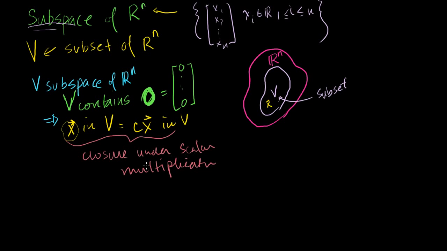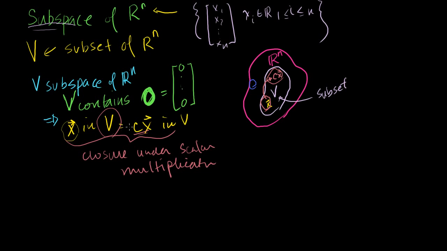That's just a fancy way of saying, look, if I take some member of my set and I multiply it by some scalar, I'm still going to be in my set. If I multiply it by some scalar and I end up with some other vector that's not included in my subset, then this wouldn't be a subspace.